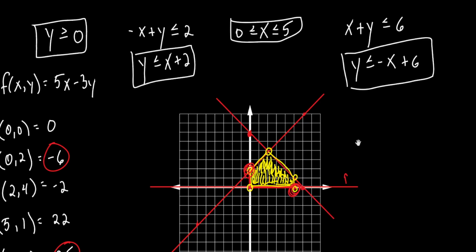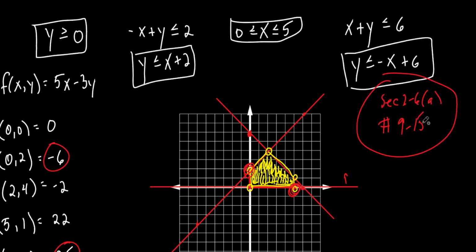I think I might have gone a little bit further than what I did last year, the first day. So let's just do 9 to 15. Section 2.6. We'll call it 2.6a because I'm going to give you another section tomorrow. I'll teach you one more example tomorrow, and then I'll give you the rest of it. So that's your homework right there. Just do 9 to 15.